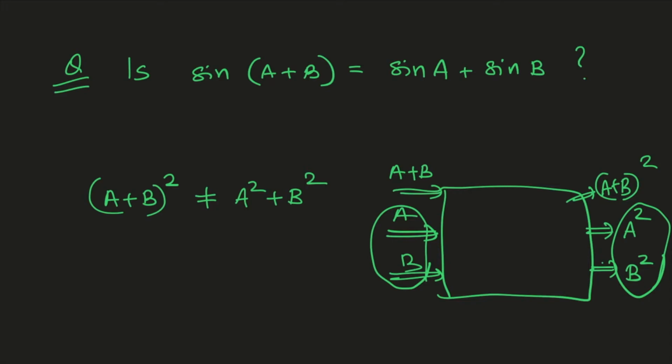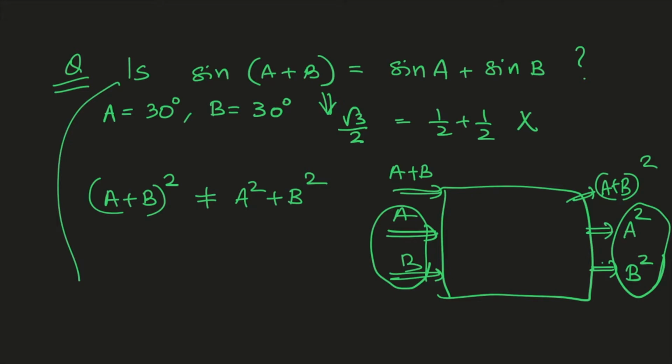So, for example, you take a equal to 30 degrees, b equal to 30 degrees, and in the LHS it is going to be sine 60 degrees, which is root 3 by 2. On the RHS it is going to be 1 by 2 plus 1 by 2, which makes it a false statement. Of course, you can't take an example in which this is true and claim that the statement is true for all values of a and b.